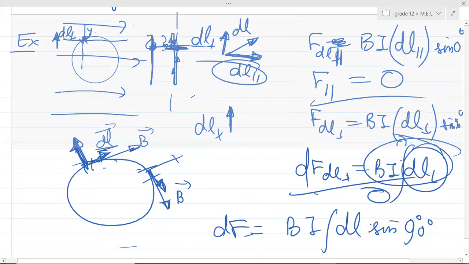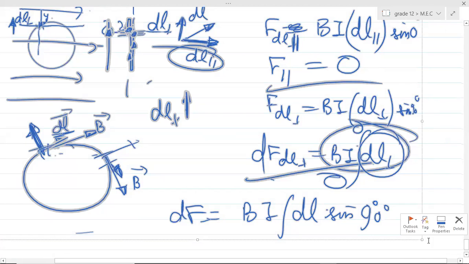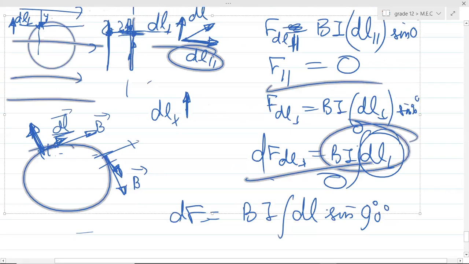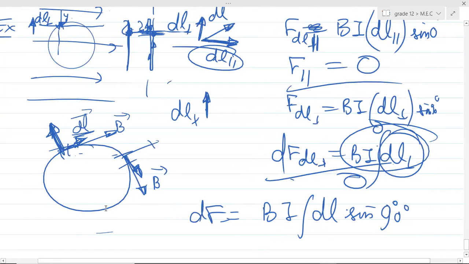So in the second case which we drew, how is the magnetic field here? I'm giving you an example.